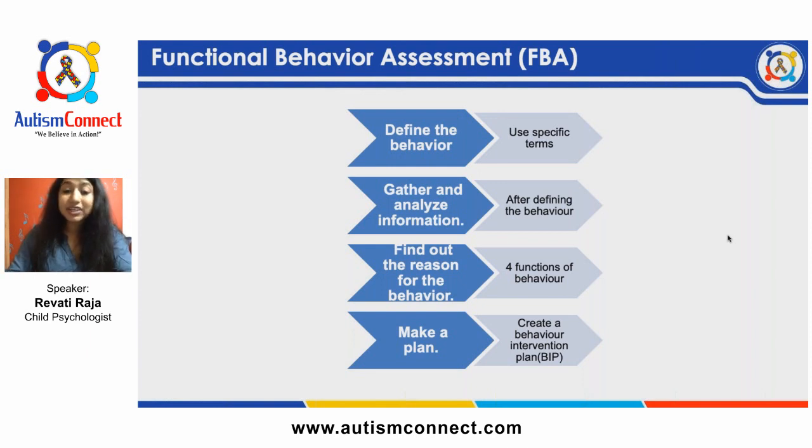And A stands for attention. I'm sorry, I said something else in the beginning. Attention is basically the child showing a particular behavior in order to gain your attention in order to get something. So understanding these functions of behavior decides how we are going to intervene for the behavior.